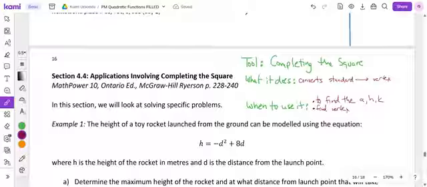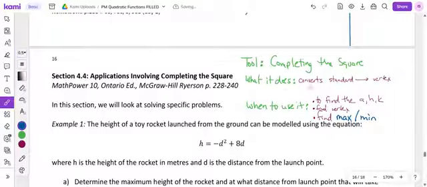So for today, I'm going to write it in blue: find max or min. So specifically for word problems, it is not going to say find the vertex of the football as it flies through the air. No, but it's going to say how high up does the football reach?